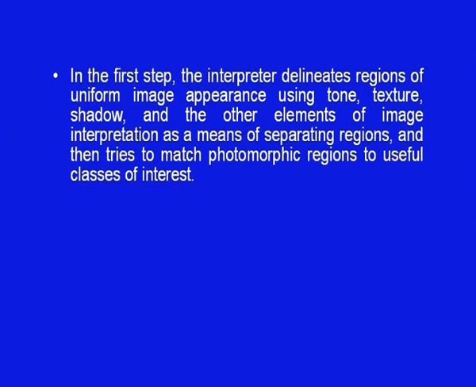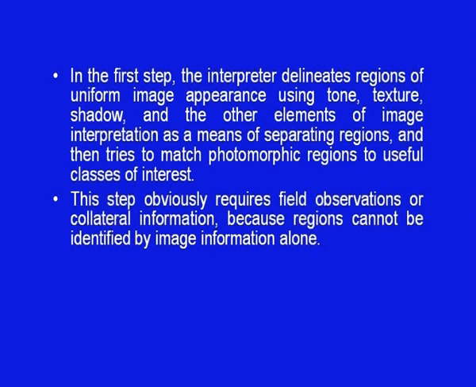In the first step, the interpreter delineates regions of uniform image appearance using tone, texture, shadow and the other elements of image interpretation as a means of separating regions, and then tries to match photomorphic regions to useful classes of interest.